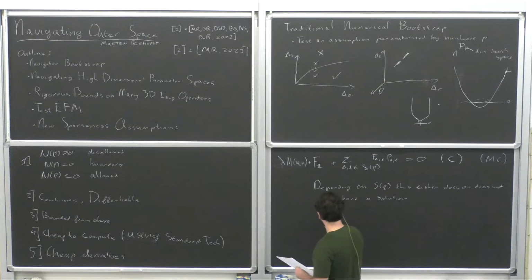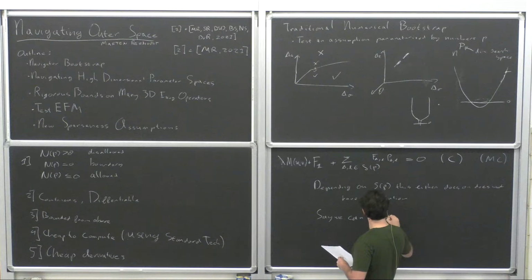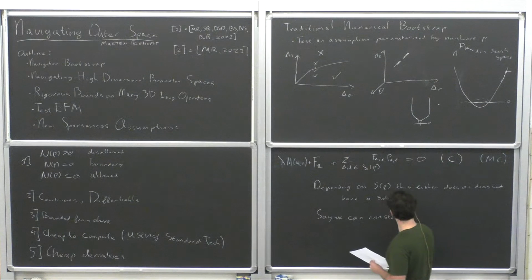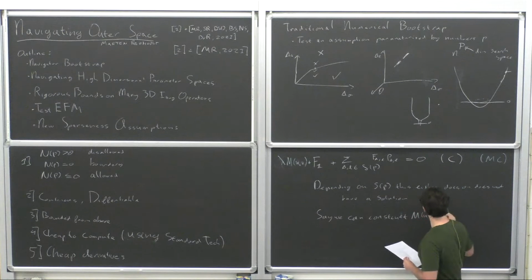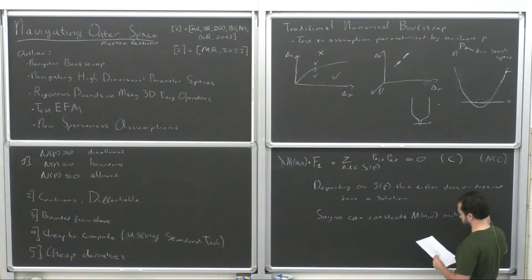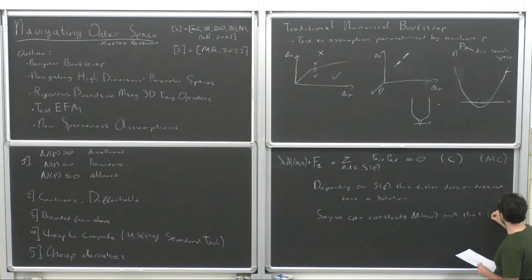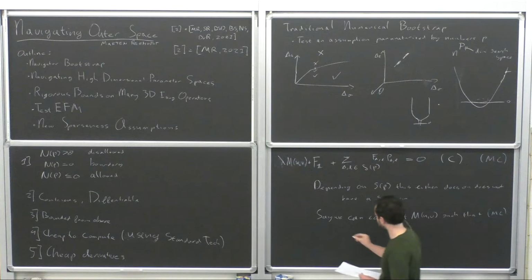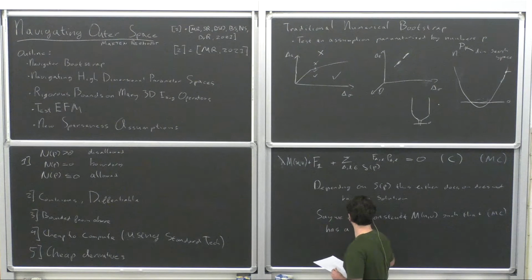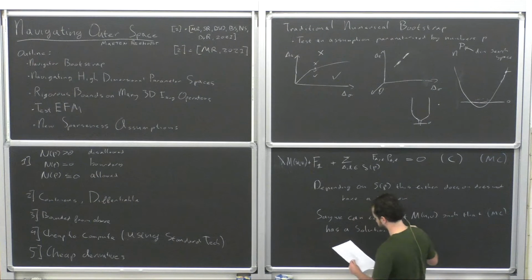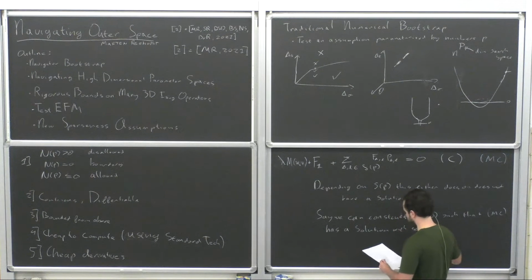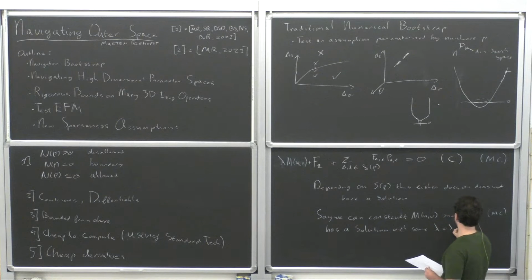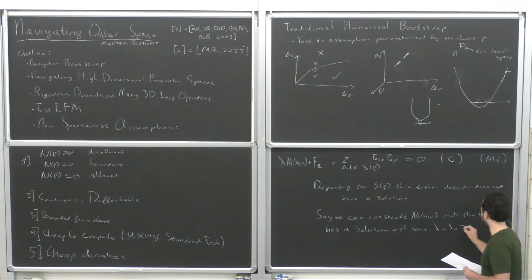Now say that we can construct a function m such that modified crossing has a solution for some lambda equals lambda 0 greater than 0.